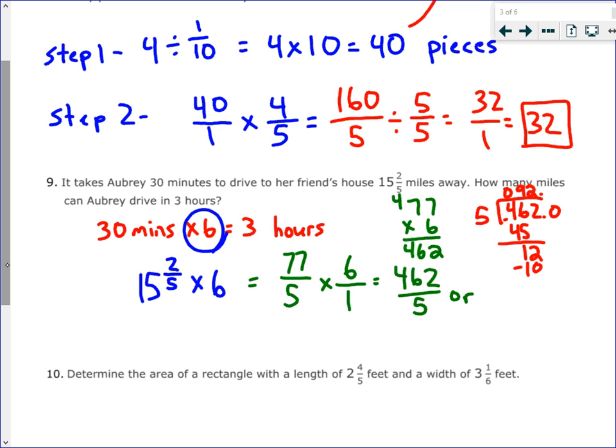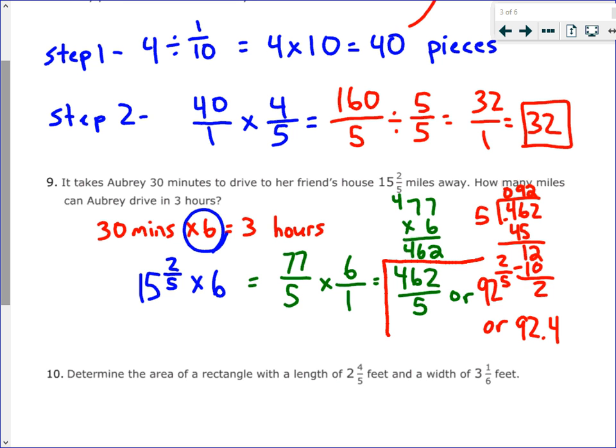So we have a remainder of 2. We don't need a decimal there. You can do a decimal, but it's not needed since we're doing whole numbers here. Or 92 and 2/5. Or if you change that to a decimal, it'd be 92.4.